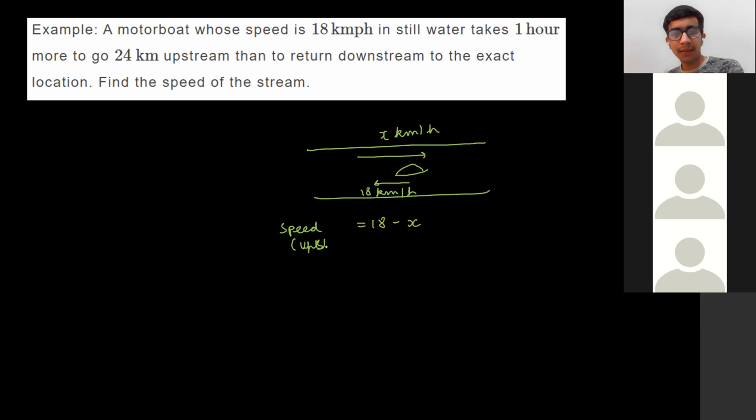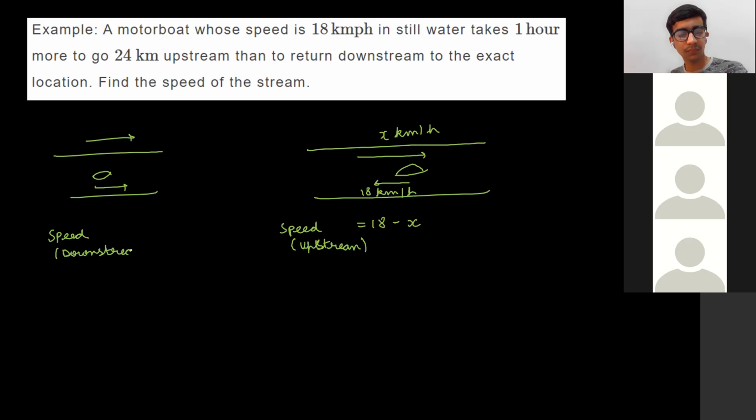Then we have the boat moving in the direction of the river flow. So downstream is this condition. The river is moving like this, and the boat is also moving in the same direction. So speed downstream will be how much? 18 plus x. Exactly. Now, do you know how speed, distance, and time are related?